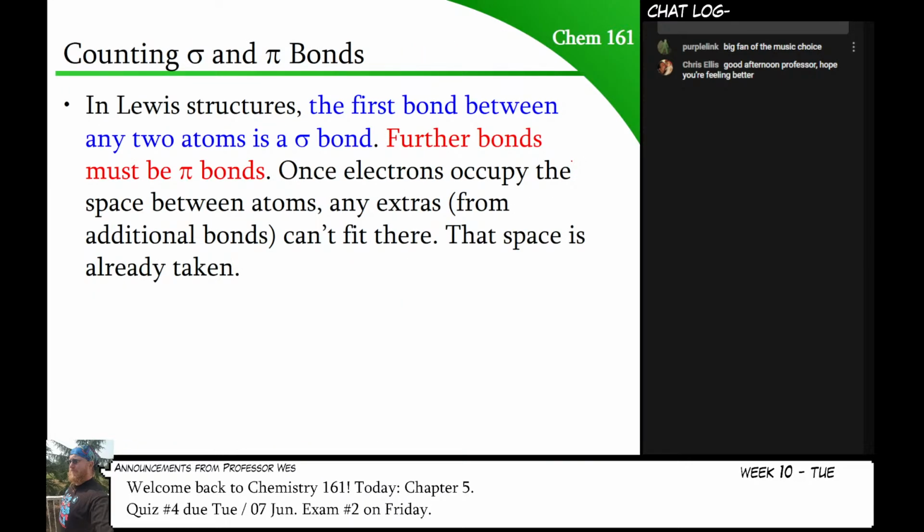Whenever you form a bond between two atoms, the first bond is always sigma. So if this is my nucleus, and this is my other nucleus, and I form a bond, my bond must form from the overlap of orbitals between the nuclei to make my sigma bond.